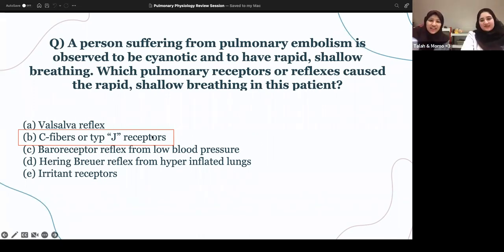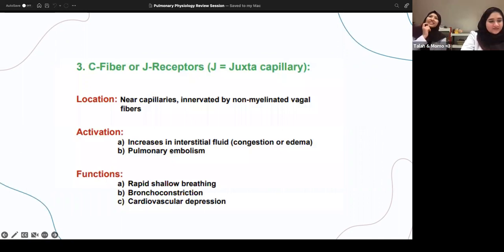Basically, in your last lecture, the eighth physiology lecture, there were all these receptors talking about how they regulate your breathing. The three main ones are slowly adapting stretch receptors, rapidly adapting stretch receptors, and the third one, C fiber or J receptors.